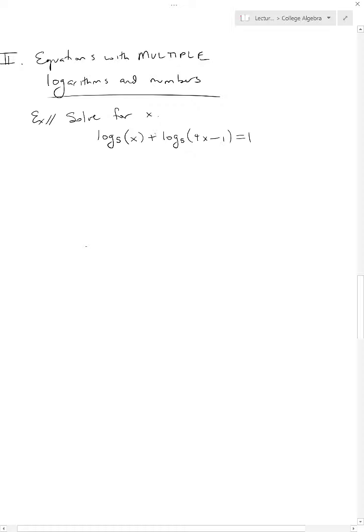I have the sum of 2 logs. And so if I want to condense these logs into one log, remember that the sum becomes a product. And so I can rewrite this statement using my product rule as log base 5 of x times 4x minus 1 is equal to 1.